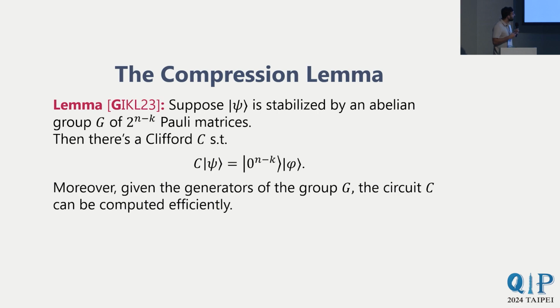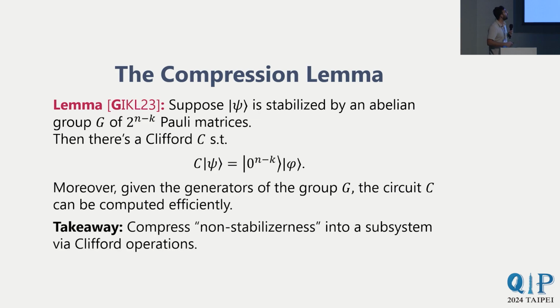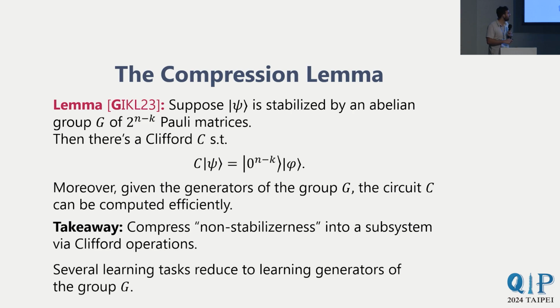Moreover, if you're given the generators of this group G, you can search for this circuit, and you can find it efficiently. So at a high level, what we're doing is compressing the non-stabilizerness in our state into just a subsystem of qubits, and we're only using Clifford operations. Because of this lemma, we're able to reduce a handful of learning tasks to a matter of learning the generators of the stabilizer group G.